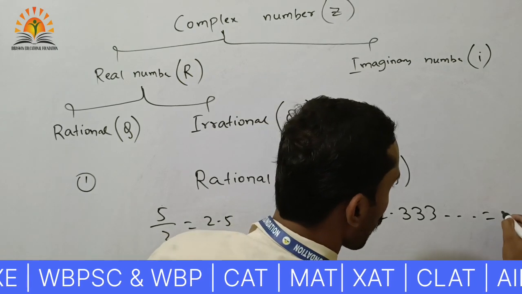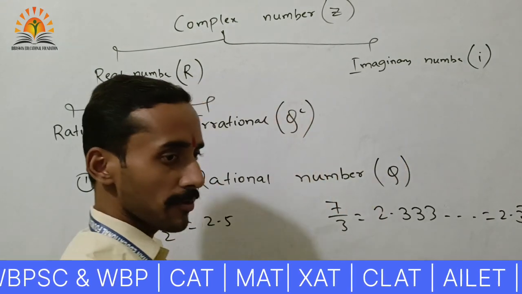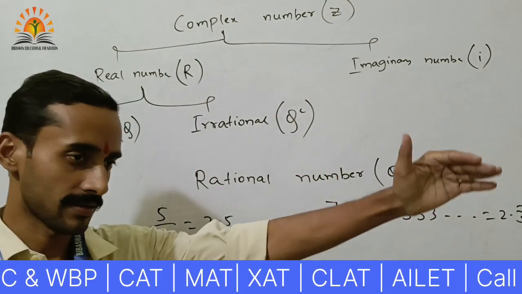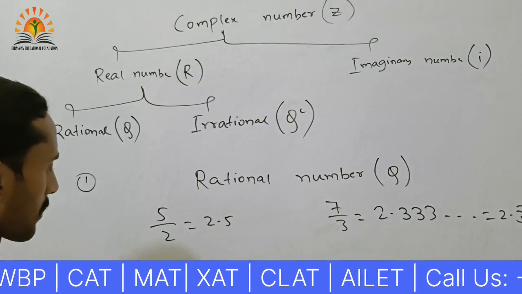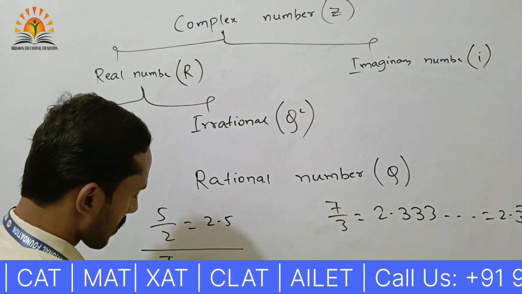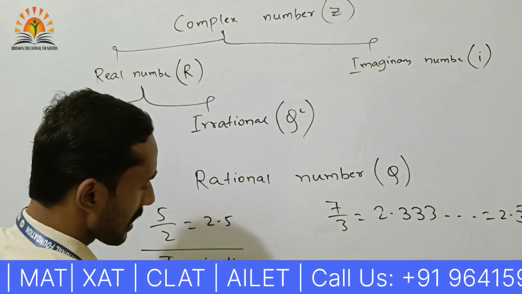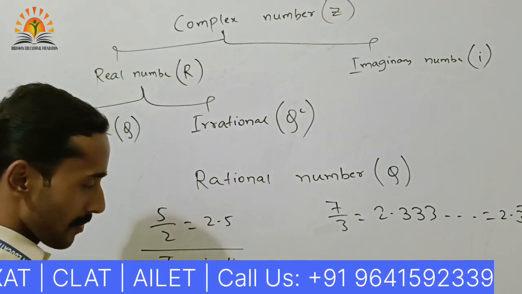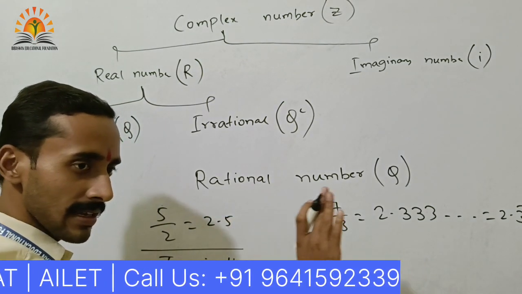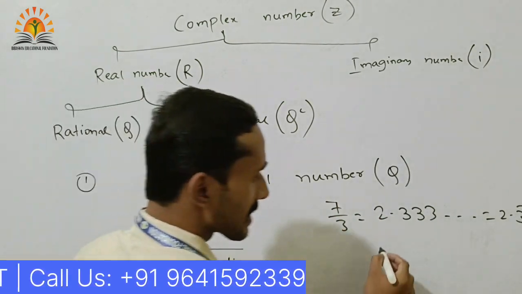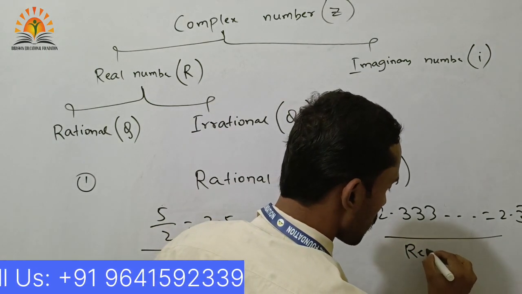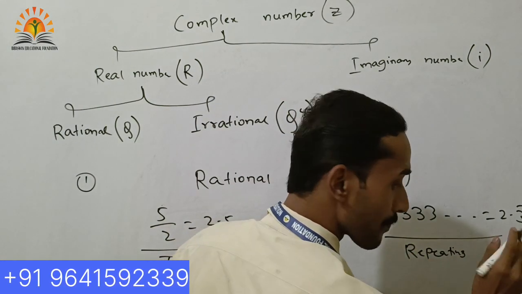It means 2.3 bar. What is the meaning of 2.3 bar? It means 3 is repeated. So there are two types of number. The first is the terminating decimal, because it stops after the decimal point. And the second is the repeating decimal. Is it clear? Any doubt here?